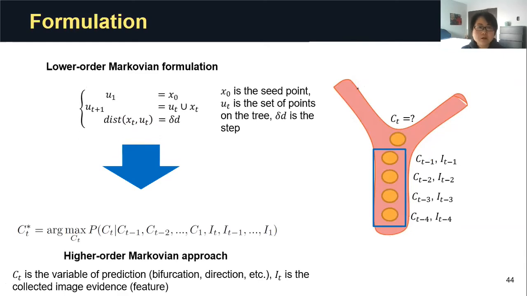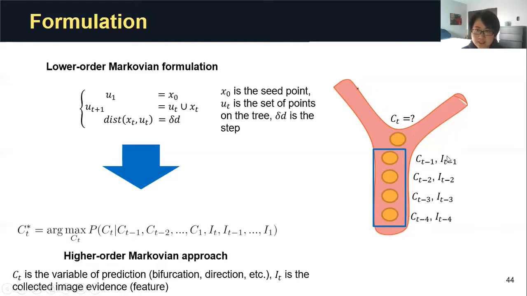So we think, how can we encode a higher order Markovian formulation in this problem? We do this in this way. We try to maximize the prediction at time step t, so we're going to encode the predictions of time step t-1, t-2, t-3, t-4, etc., as well as the evidence we collected along the tracking process.